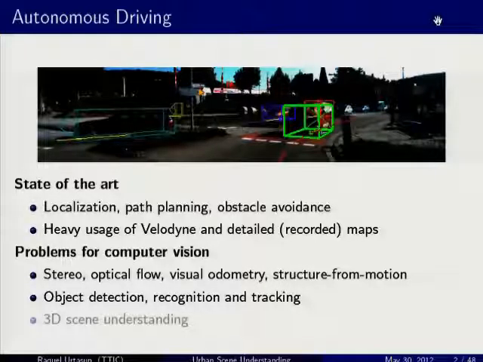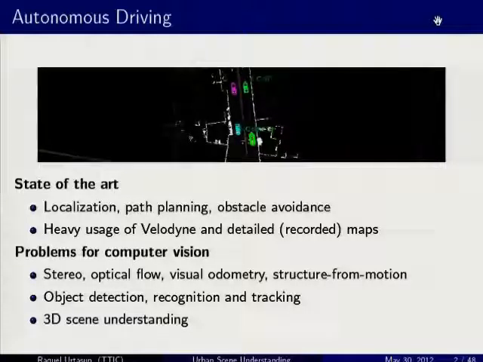We want to do this over time, right? So 3D tracking is something also that we need to do. And in general, we also need to solve 3D scene understanding, right? We would like to know where is the road, where can I drive, where are the buildings, etc. So it actually is an application that provides us with everything that we want in order to evaluate what we are currently working on in computer vision, or most of the things that we are currently working on.